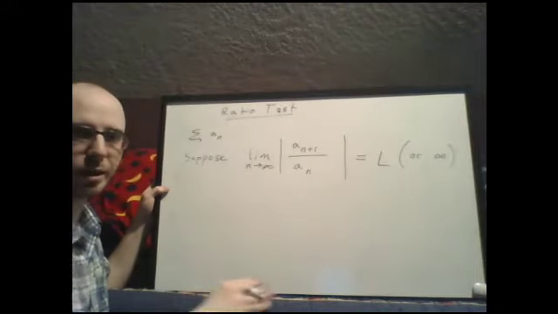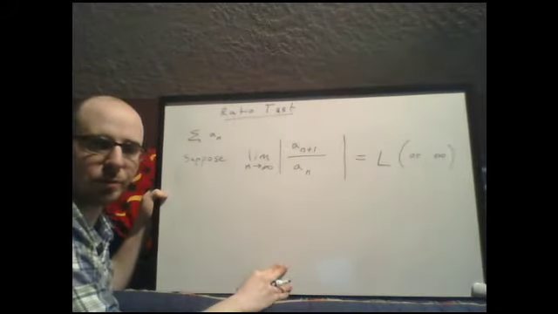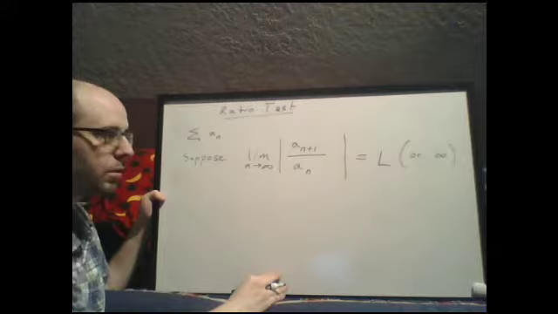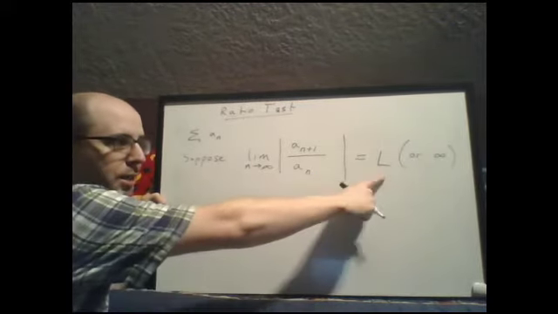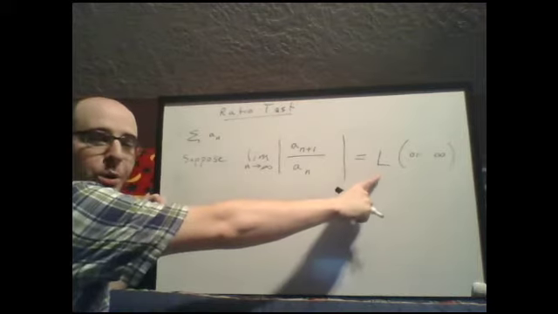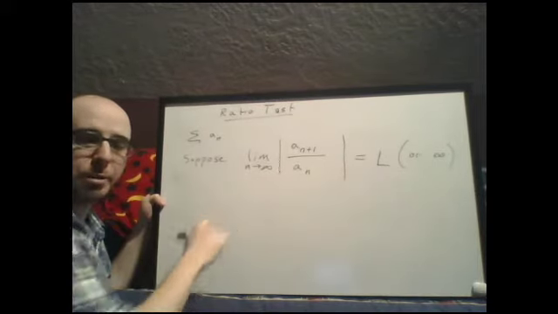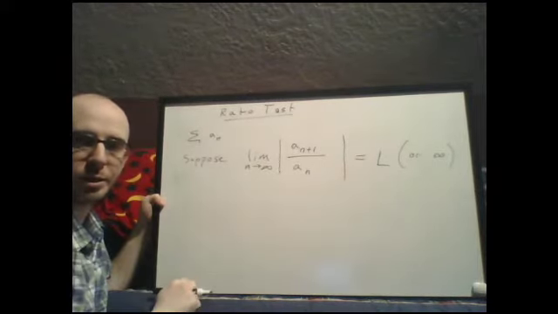So I'm including infinity as a possible value for my limit. Okay, so then I compute this limit, and then I look at my answer, and depending on what that answer is, determines what the outcome of my ratio test is.